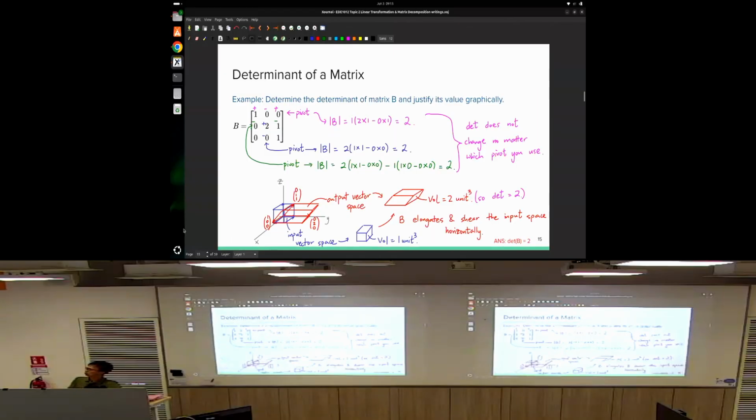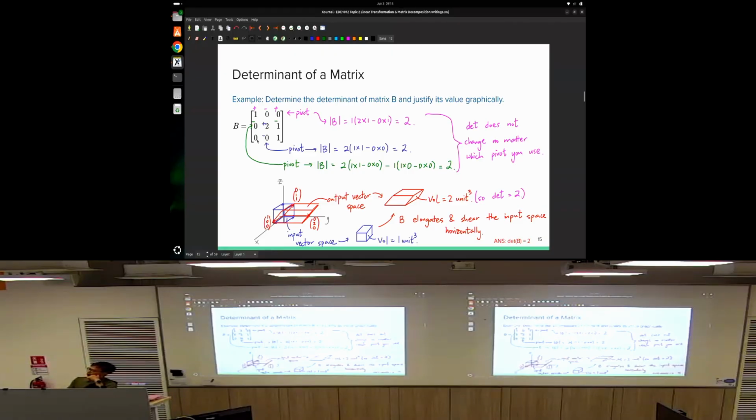So you can see here with the drawing, after you skew this cube and then pull it to the right by 2 times, then logically the vector space must expand 2 times, right? So you just skew it and then you expand it, like you extrude it by 2 times. So therefore you can see the determinant is 2.